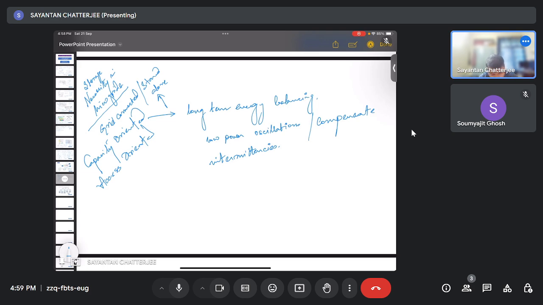Now there can be questions like how these things are done. Pumped energy storage systems are also a part of this. Not only capacity oriented battery storage, but this is quite similar to a pumped storage system. Then there are the access oriented ones.